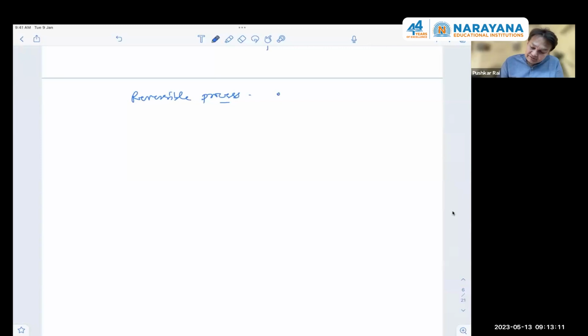where every parameter is nearly defined. Okay. So pressure, volume, and temperature, if they're nearly defined, we call this a reversible process.